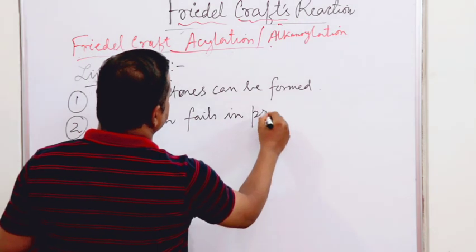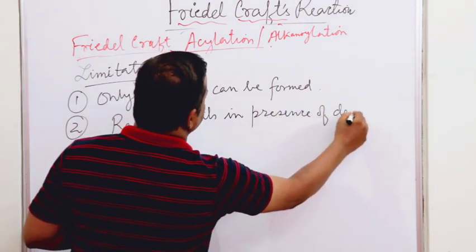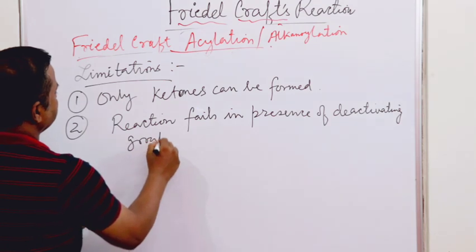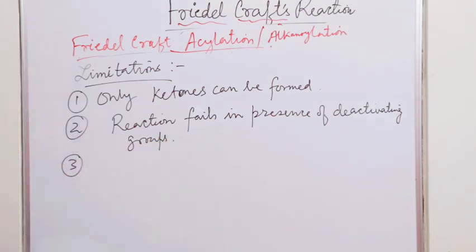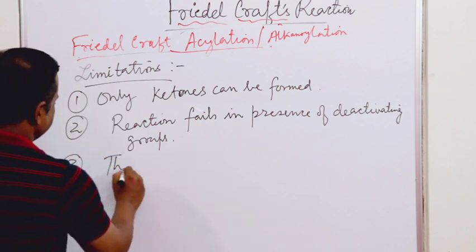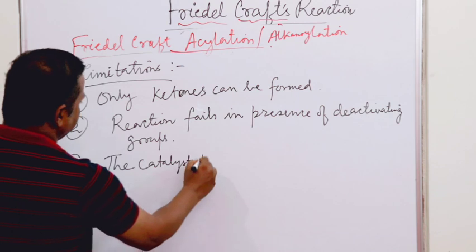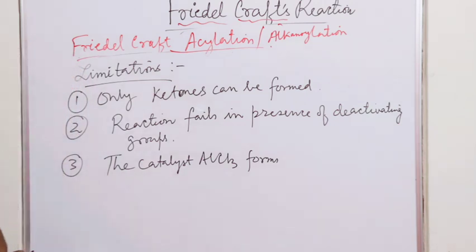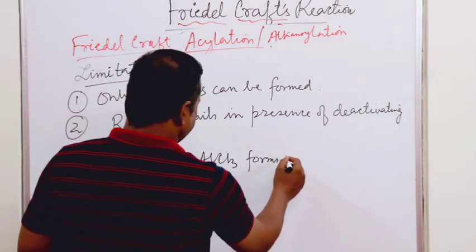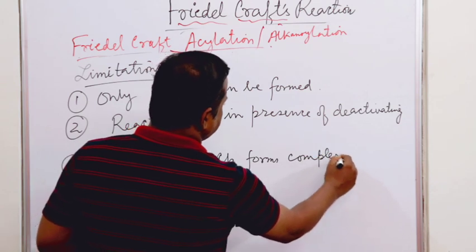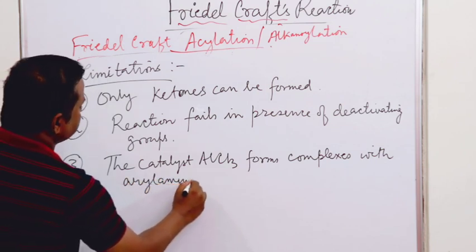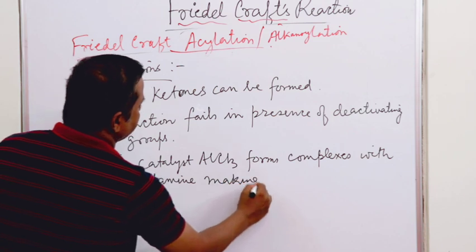like NO2, CN. Third, the catalyst AlCl3 forms complexes with aryl amines, making them unreactive.